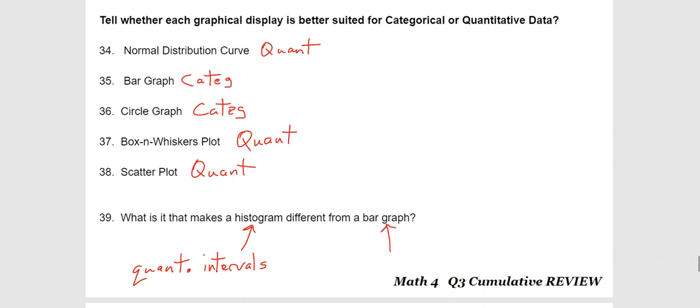Whereas a bar graph has categories. You've got a bar for January and for March, and these intervals make it difficult to give specific answers to things.